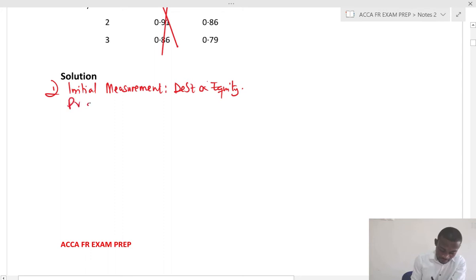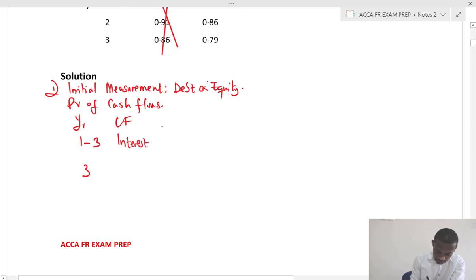So we find the present value of cash flows. I'll have, let's say, years: year 1 to 3, and year 3. And the cash flows, I'll have the interest, then the dollar amount, the discount factor, and the present value.